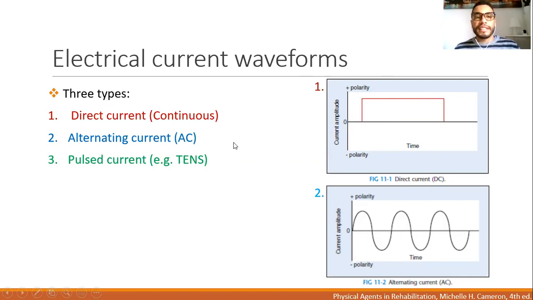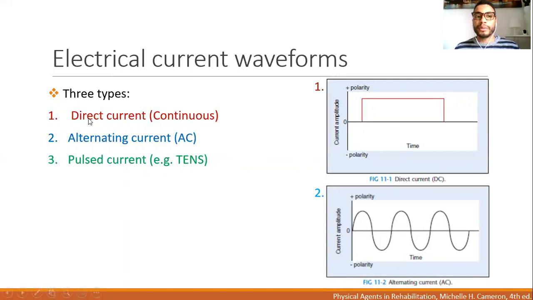Then we have the alternating current, number two, here at the bottom. The alternating current is also known as Faradic current, named after the Englishman Faraday, who is very well known in physics. And by the way, the first type, direct current, can also be called galvanic current.